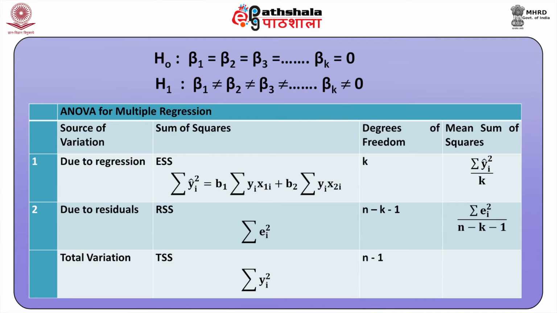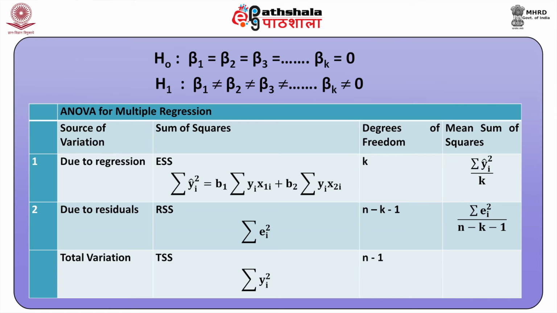H0: beta 1 equal to beta 2 equal to beta 3 all equal to beta k equal to 0. H1: beta 1, beta 2, beta 3 and so on up to beta k are not all equal to 0. If the null hypothesis is rejected, then the model is said to be overall significant.